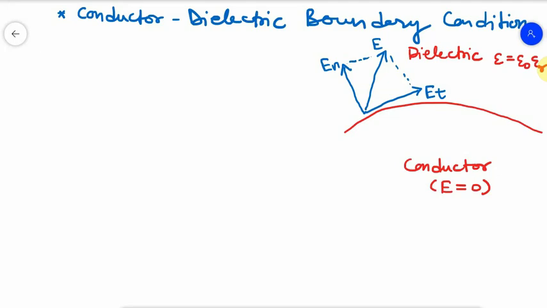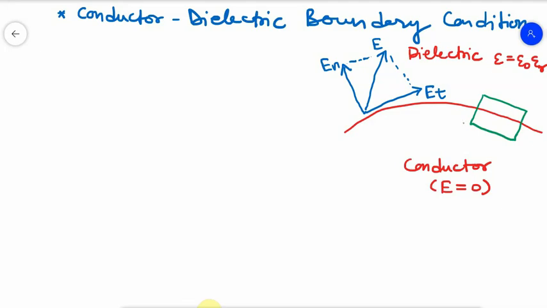Now, as in the previous case, we will assume a closed path such that half of the portion lies in the first region and the other half in the second region.